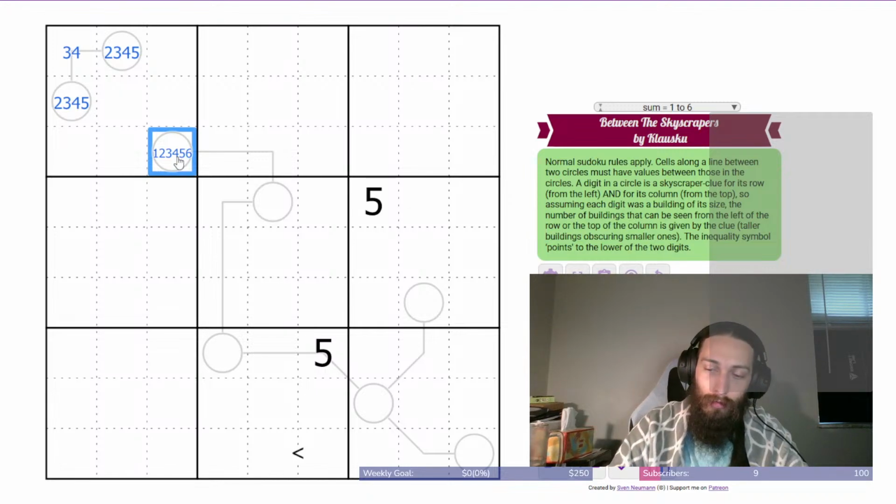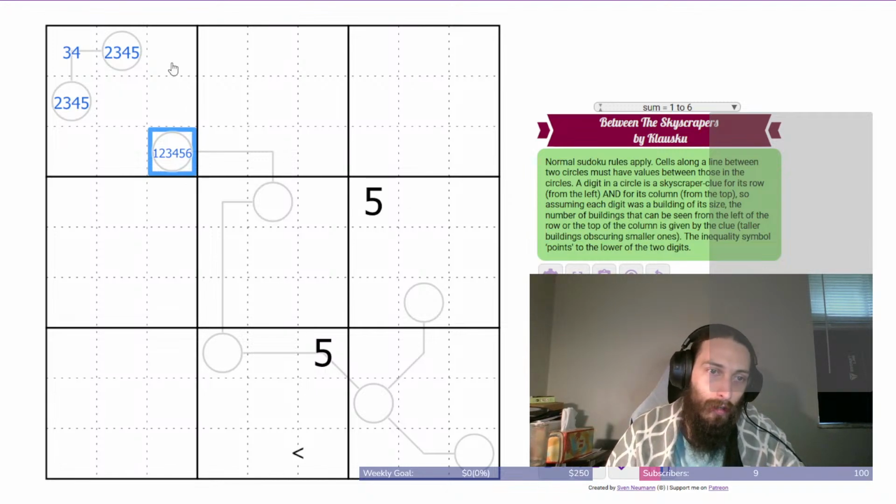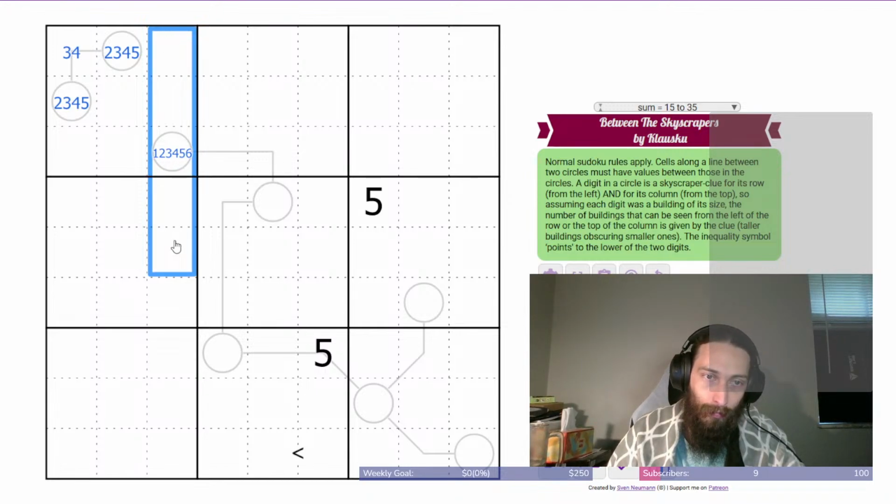Well, wait, hold on. It couldn't be 7, because that would be 1, 2, 3, and this was already 7, and then 8 and 9 would make a total of 5. A 6 would be 1, 2, 3, 7, 8, 9, which does allow for 6 from both directions. So the most that this can be is a 6.